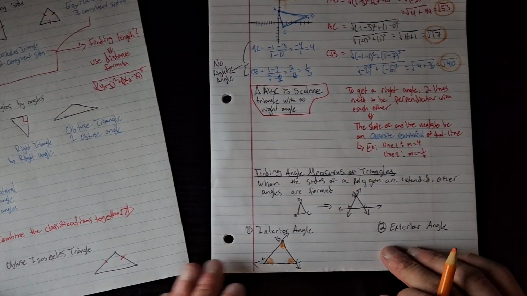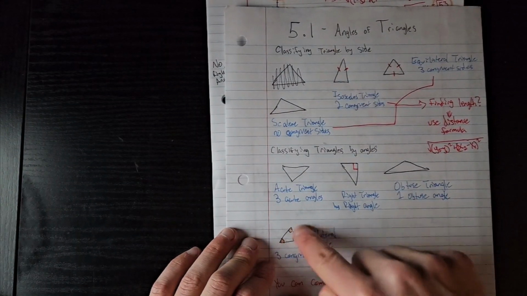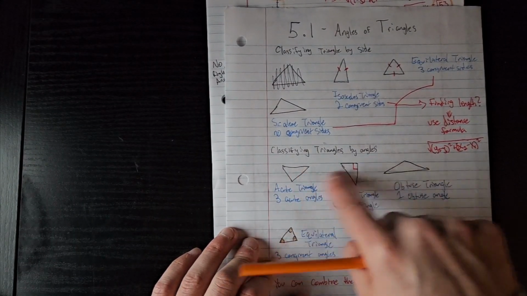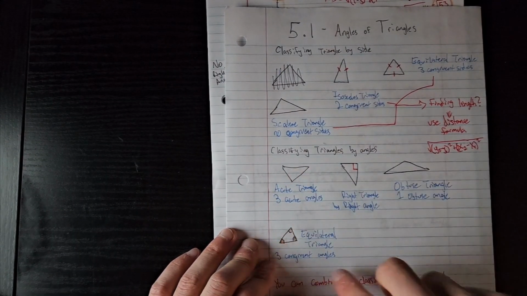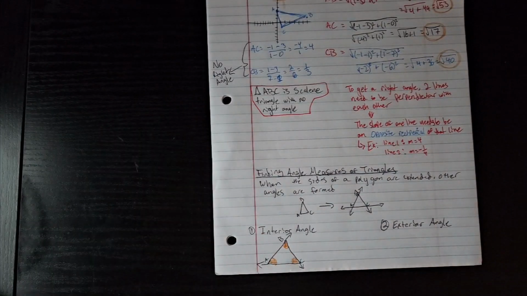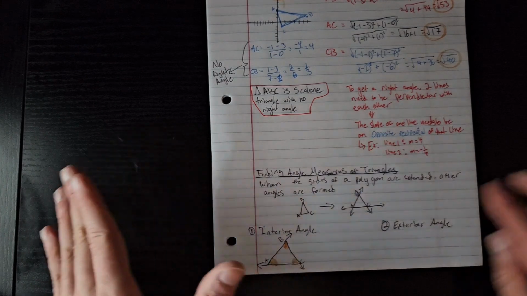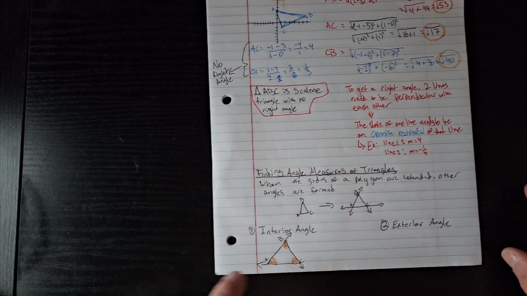This is an interior angle. Every angle inside of a triangle is interior. It doesn't have to just be a triangle. Any angle inside of a polygon will be an interior angle.